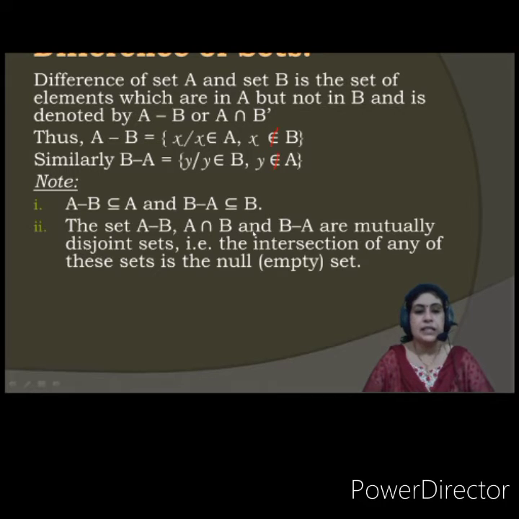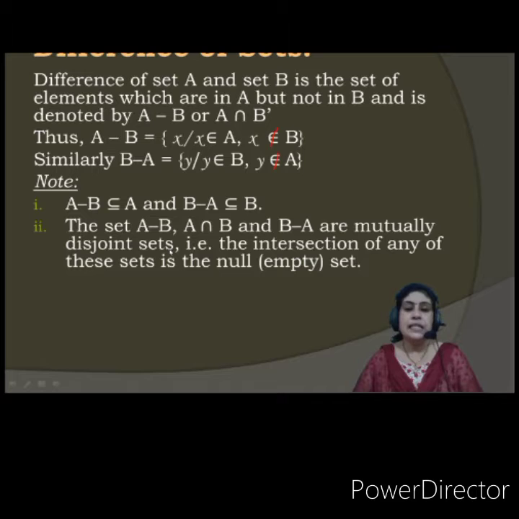Okay, yes. Second one, the sets A minus B, A intersection B and B minus A are mutually disjoint sets. That is, the intersection of any of these sets is the null or empty set. Disjoint sets means there is nothing common between these three sets together.